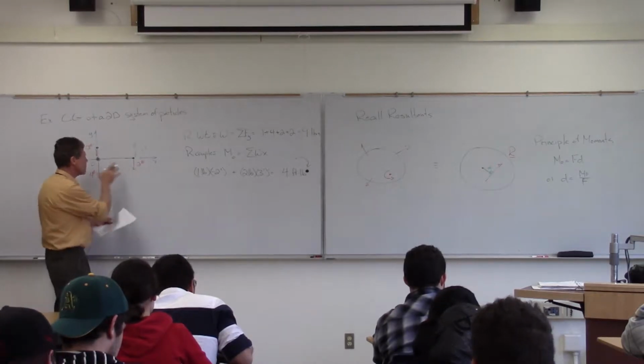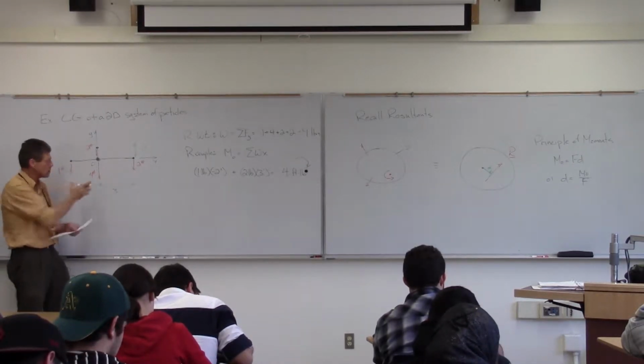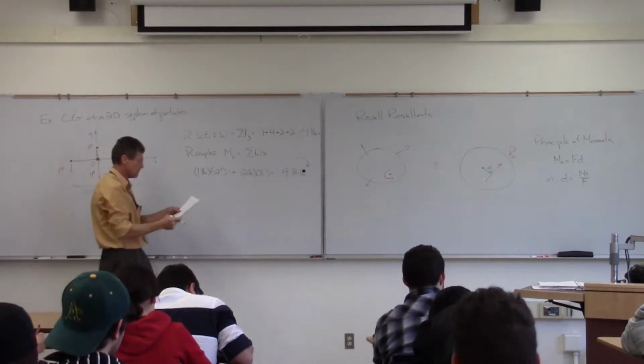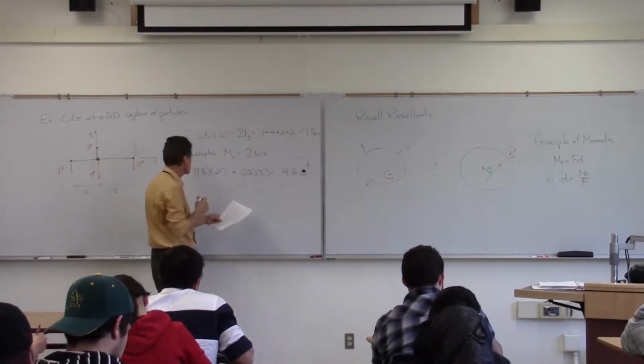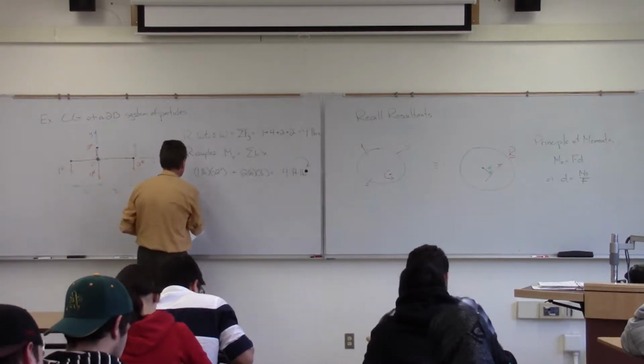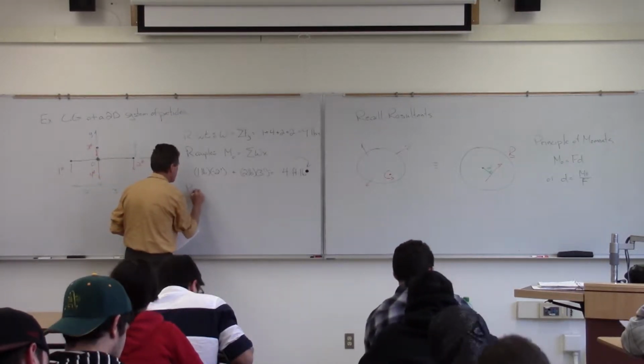And again, everything has to be measured from the same point. So we're going to set up an axis system there and measure everything from that. And then we're going to describe where that resultant is based upon that system we've established. So then we use the principle of moments.